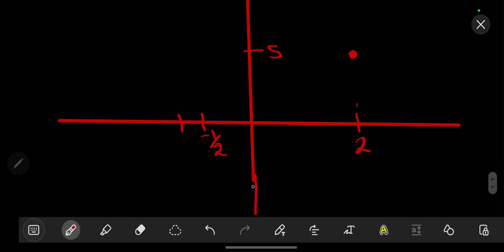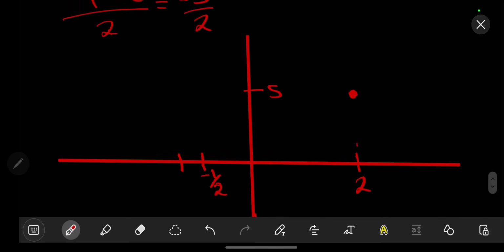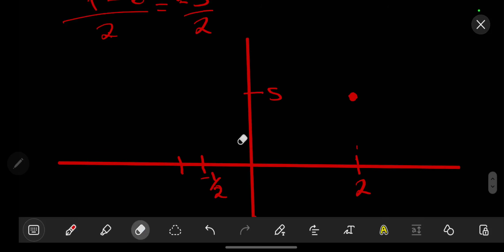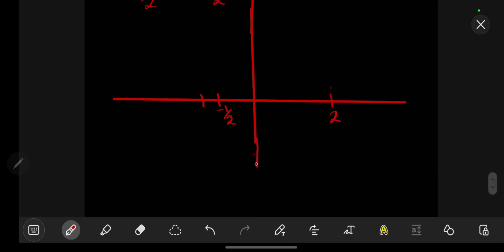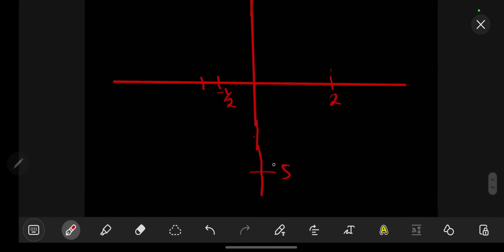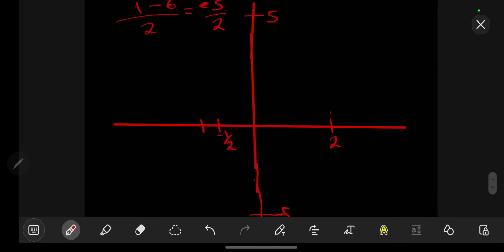So if 5 is there, let's increase it a bit. Let's say we have a 5 here. So we are going to also have a 5 here, which will be a negative 5 for that matter.